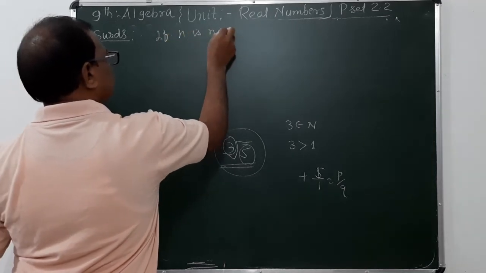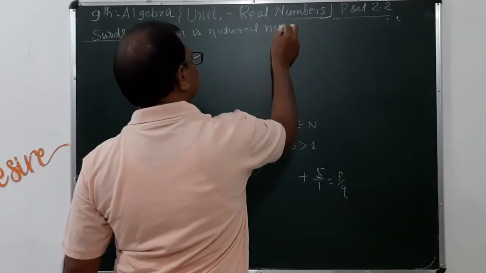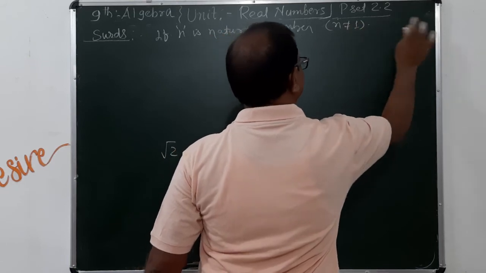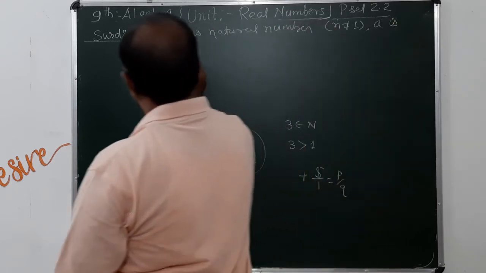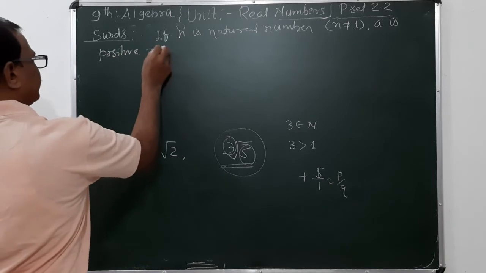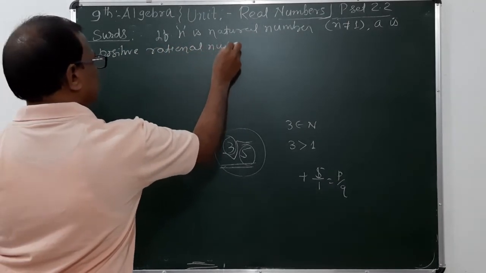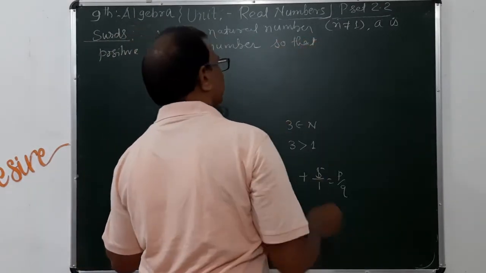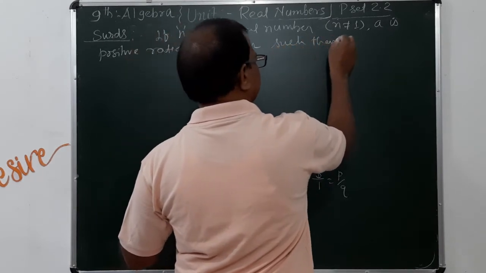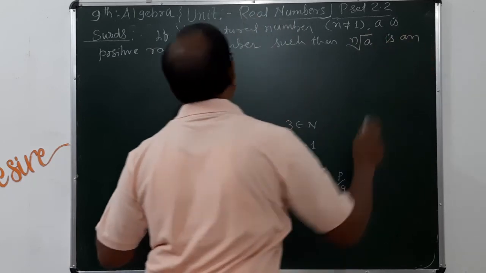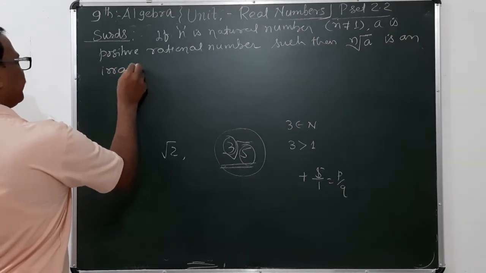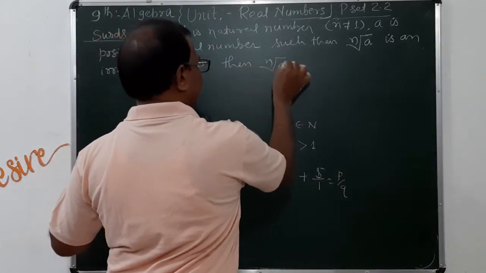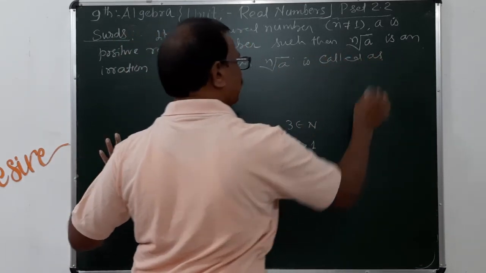If n is a natural number and n is not equal to 1, A is a positive rational number, non negative, positive rational, such that nth root of A is an irrational number, then nth root of A is called as surds.